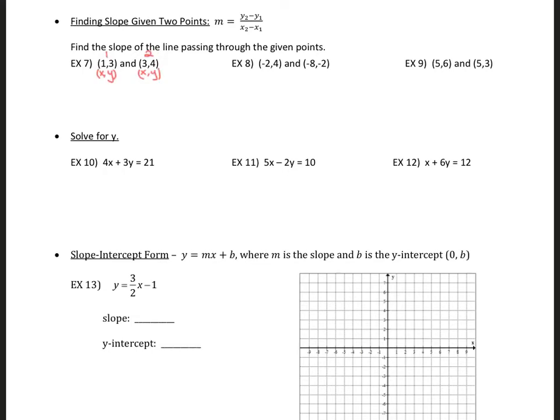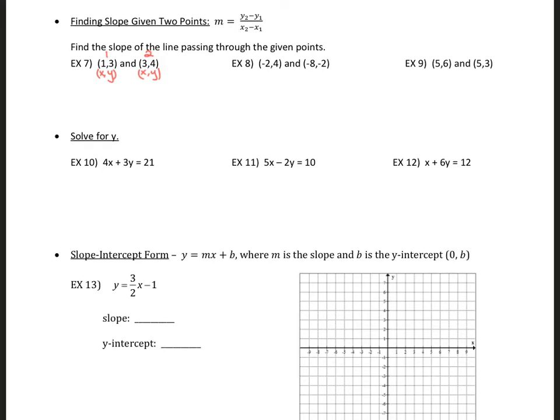So I've labeled the two ordered pairs that I have here. And these two ordered pairs each have an x and y coordinate. So I have here ordered pair number 1 and ordered pair number 2, which would make this x coordinate x1 and this coordinate y1. The y value of the first point, the x value of the first point.